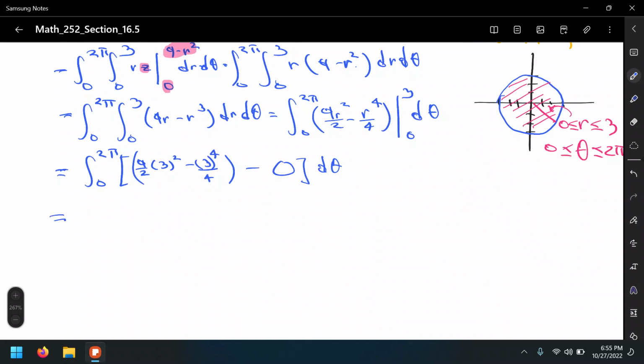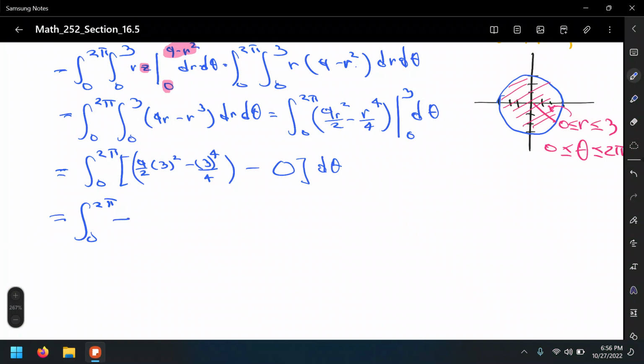Okay, let's simplify. So that's 3 squared, which is 9, times 9. That's 81 over 2. Is that what I got? So 81 over 2. Oh, okay, no, that's fine.